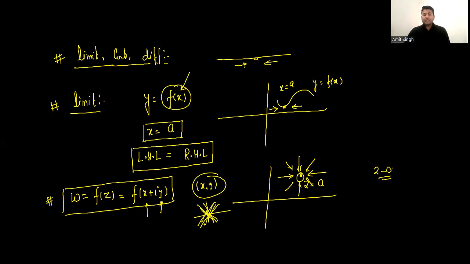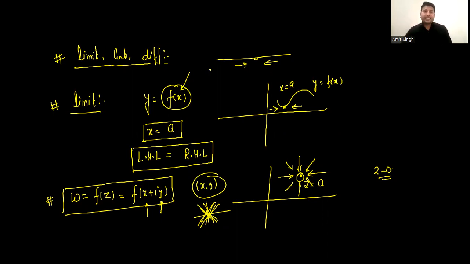So this is the geometrical meaning of the limit that we have. Since we are going to discuss the limit of a complex function, in a single line I need to tell you what we mean by the limit for a function of a complex variable.